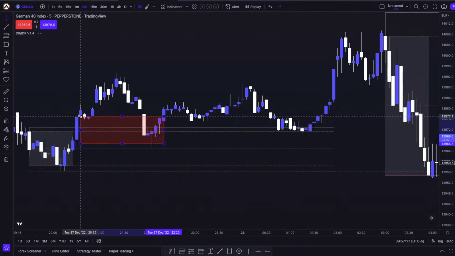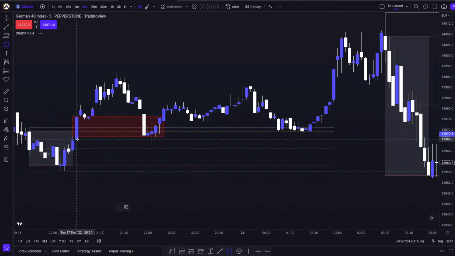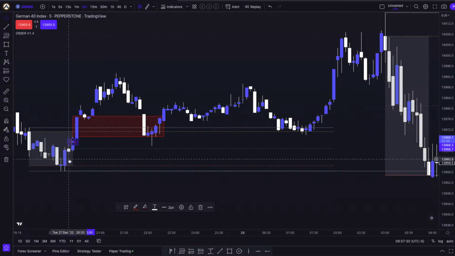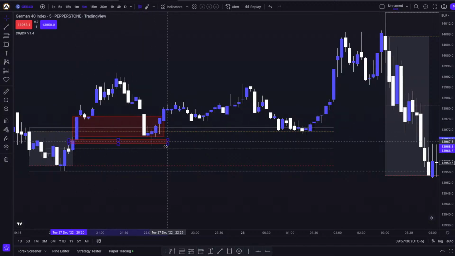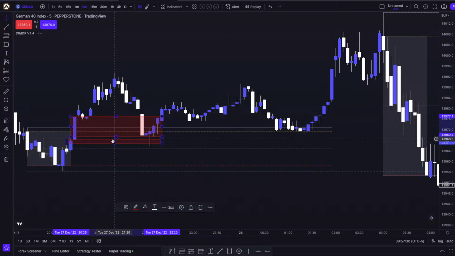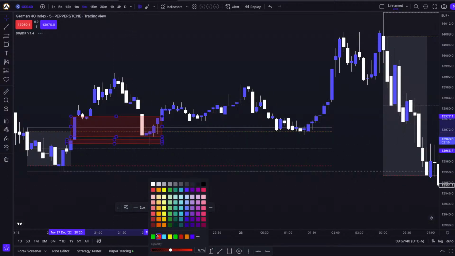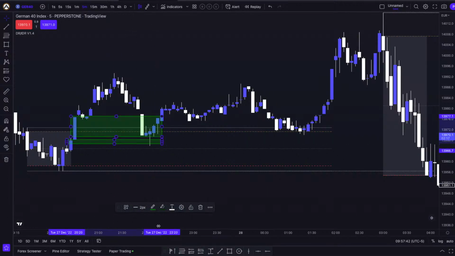So we had fair value gap 1 right here, and fair value gap 2, a very small one with a small volume inefficiency, but this is a Pepperstone index CFD chart, so volume inefficiencies don't play an important role here because it's not the actual futures contract. So both of them will be bullish fair value gaps right here.